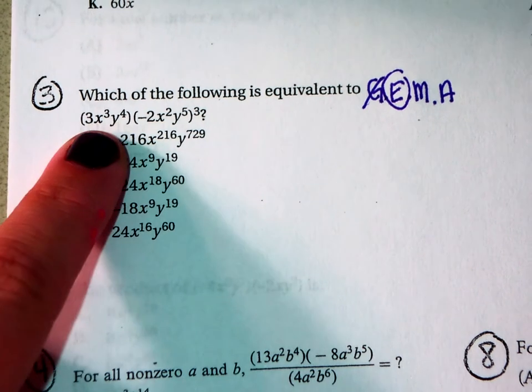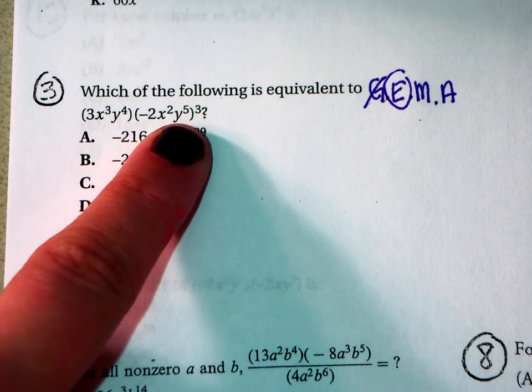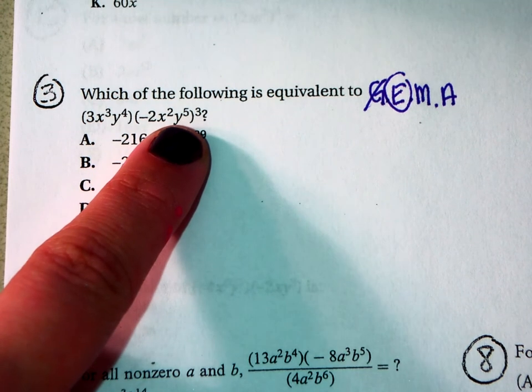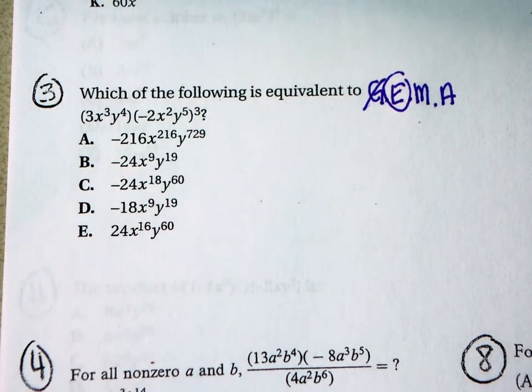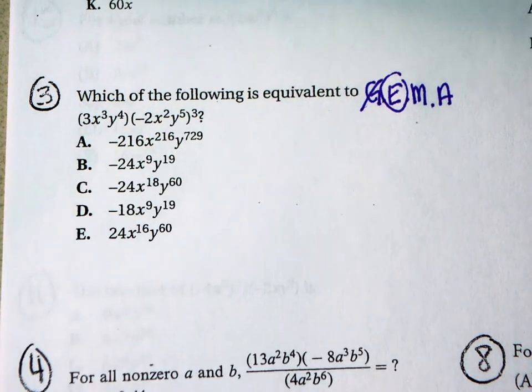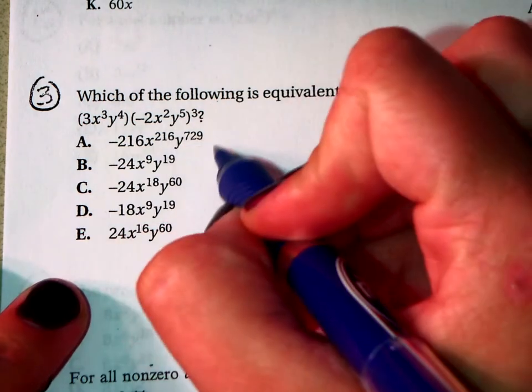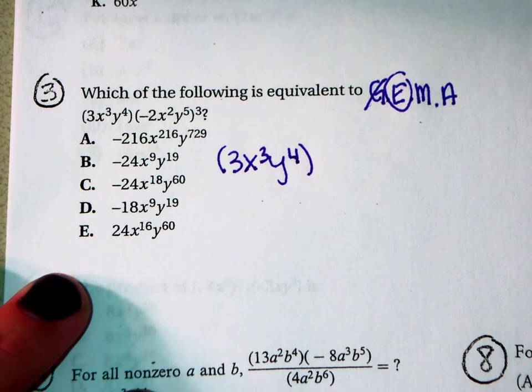Well, this first one, I cannot, okay, do not distribute this over here, okay? I'm pretty sure that that's how they get A. I haven't actually worked it out incorrectly, but I'm banking on the fact that might be somehow how they get A, or they're either multiplying all these numbers together. Don't really know, okay? So let's try to do this. The first one, I'm going to leave 3x cubed y to the 4th because I can't do anything with it.